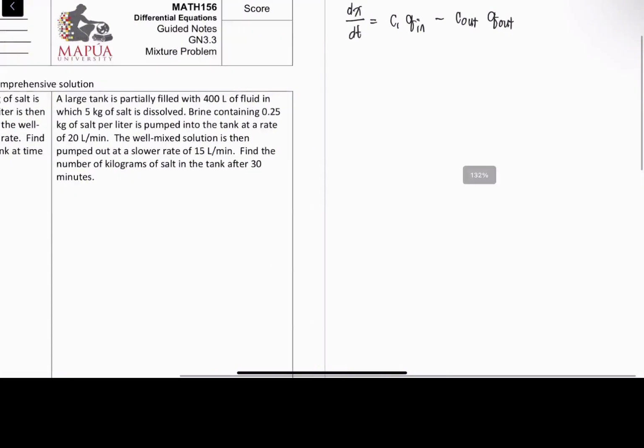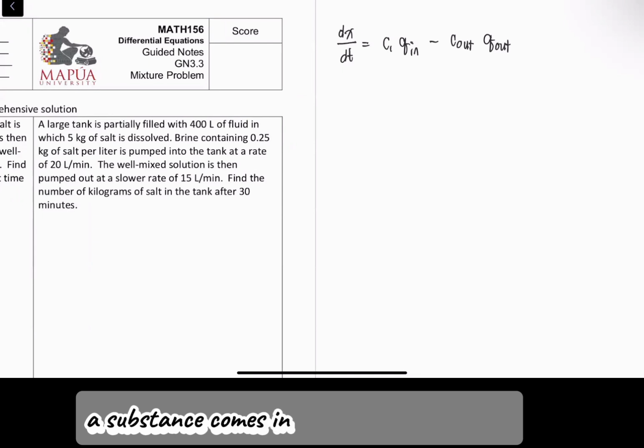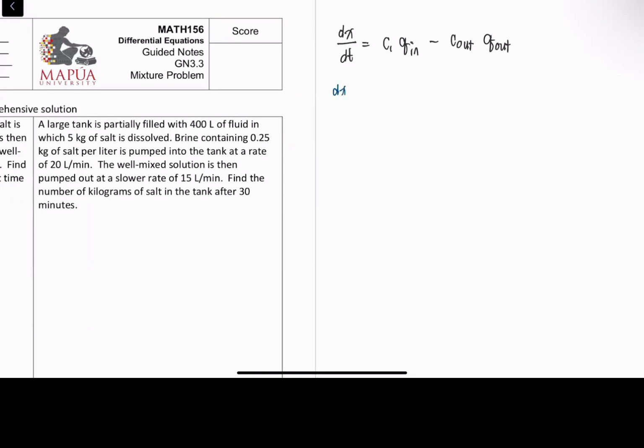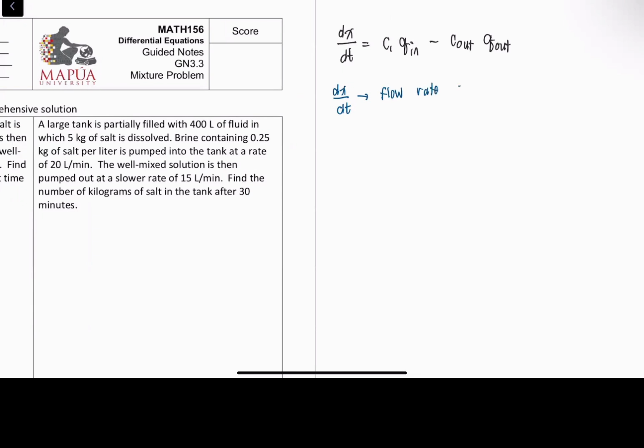So the rate at which a substance comes in the tank is your dx over dt. So this is the flow rate of a substance.